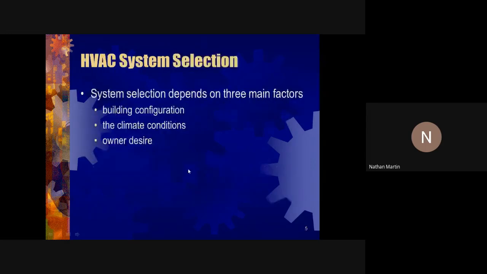All right, HVAC system selection. We said there are three main factors to be considered when we are selecting air conditioning systems or HVAC systems. Now, one is the building configuration. What do we mean by the building configuration? Whether the building is made of concrete, or made of sheetrock with insulation inside, or made of board on the outside.